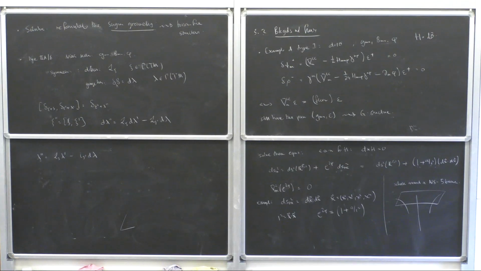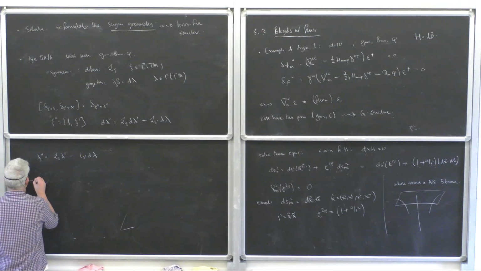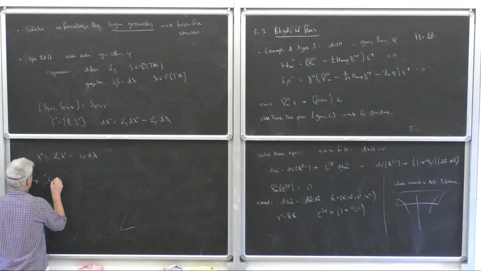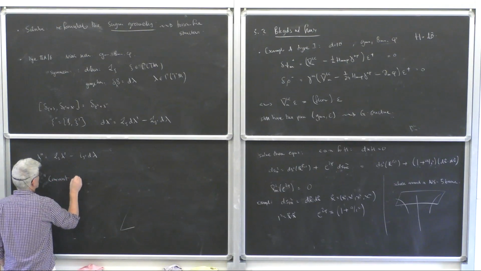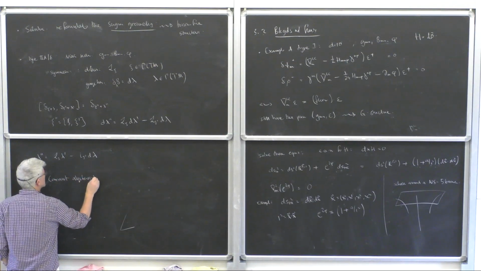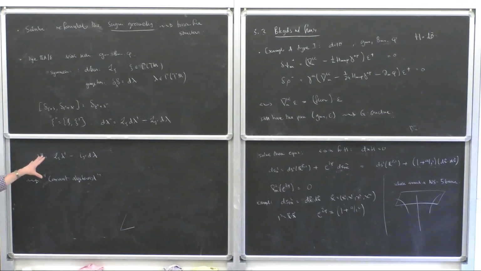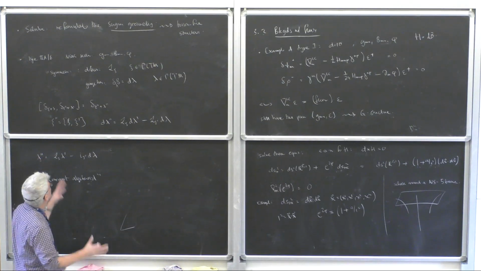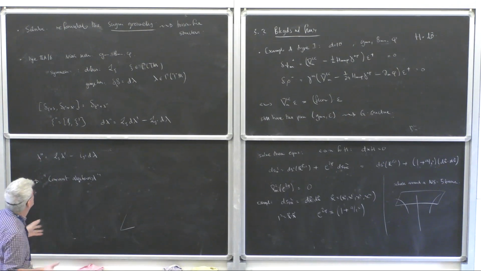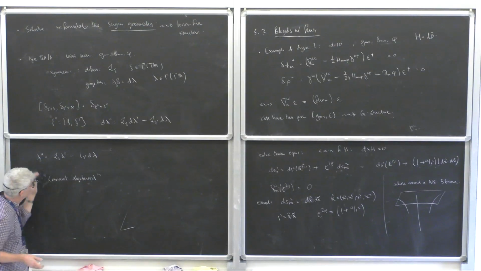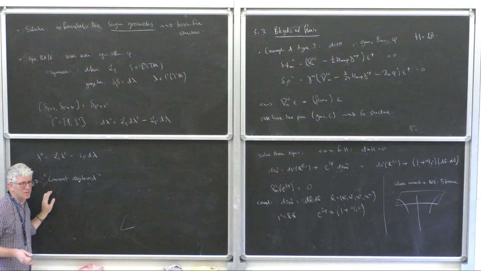But if I do that, I get some mathematical structure which is called a Courant algebroid. So this defines some nice mathematical structure. So when I'm putting these gauge transformations together with diffeomorphisms, I get a natural mathematical structure called a Courant algebroid.